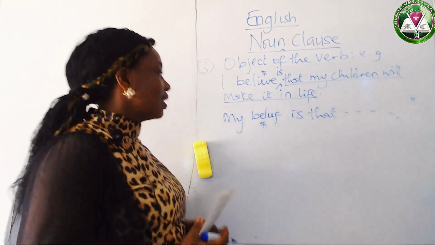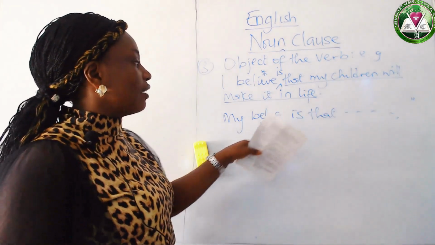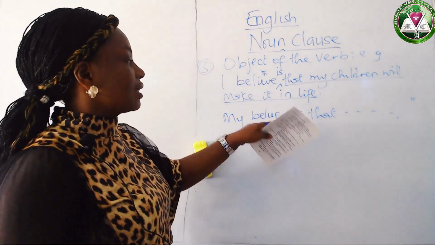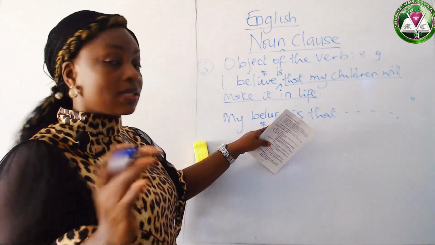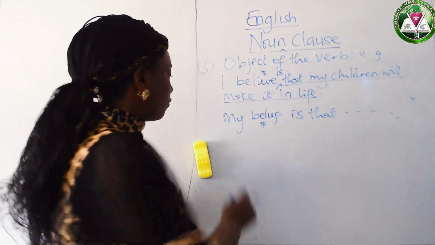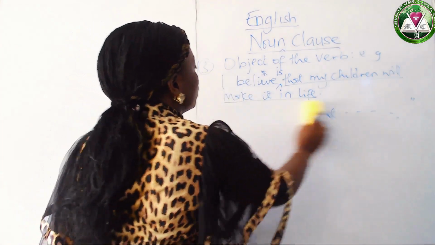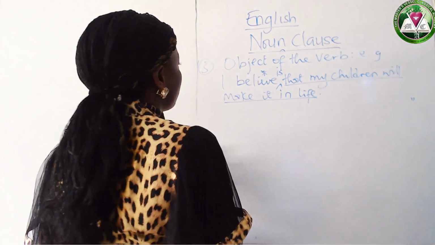Okay, are you getting it? If we have this sentence like this, it becomes subject complement. But when we have it like this, it becomes what? Object of the verb. Because here, this belief is a noun, and this belief is a verb. Okay, so I'm trying to give you the difference.